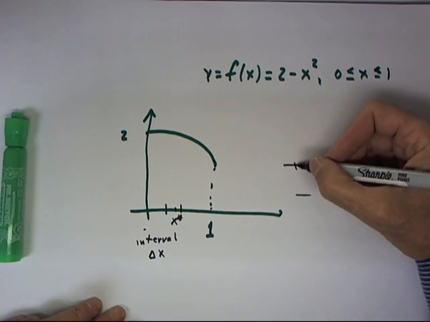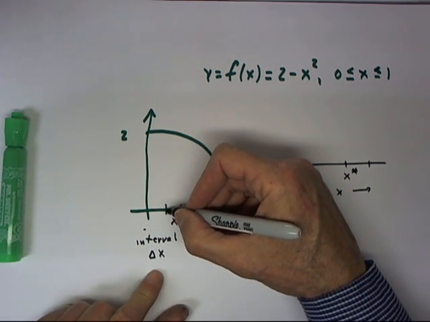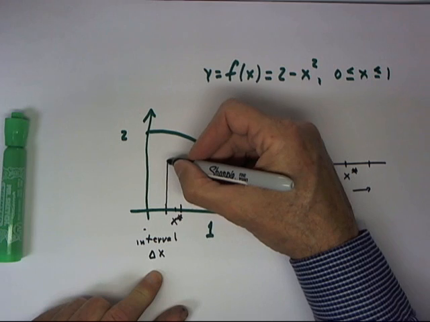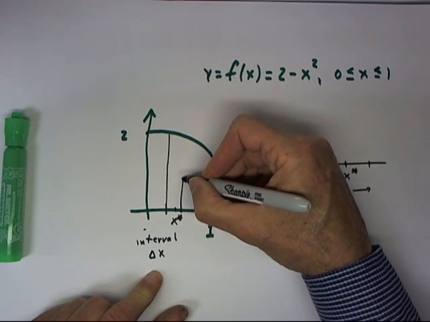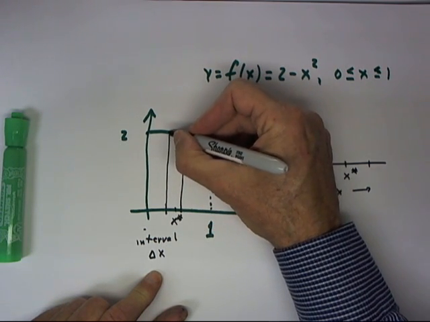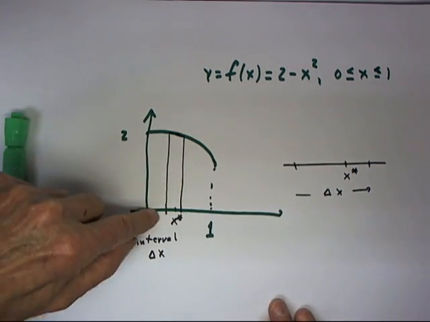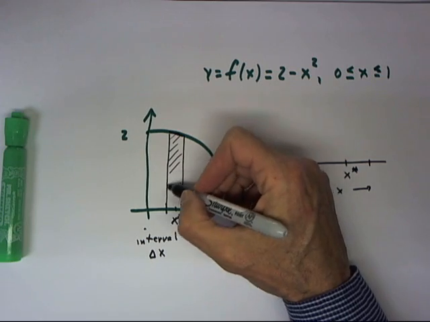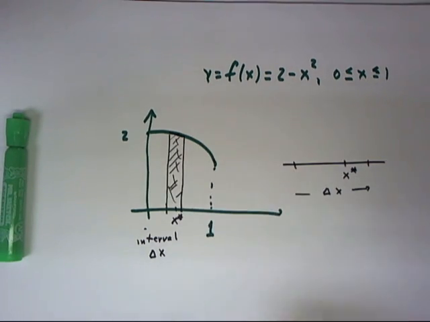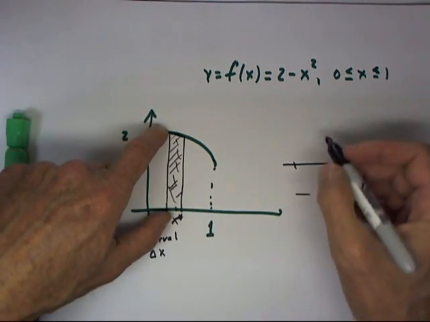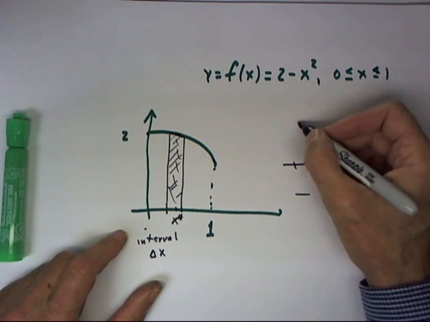So if delta x is small, then the region beneath this graph is pretty close to a trapezoid. Even this region is pretty close to being trapezoidal, and the area beneath the graph forms something very close to a trapezoid.